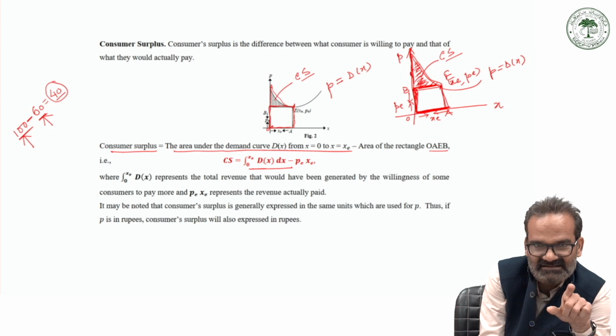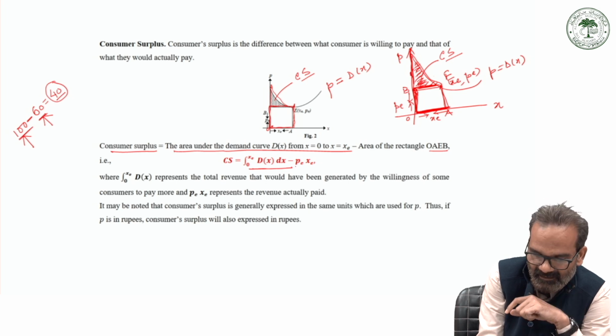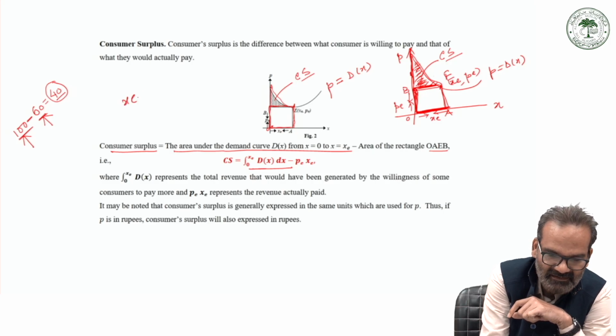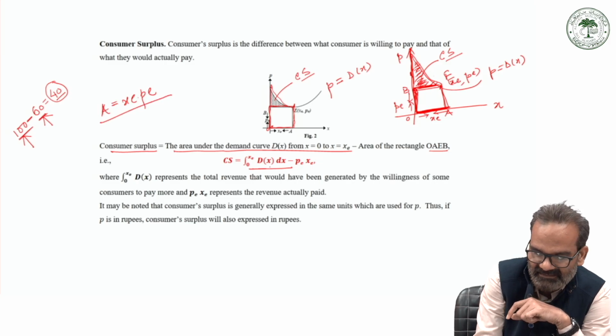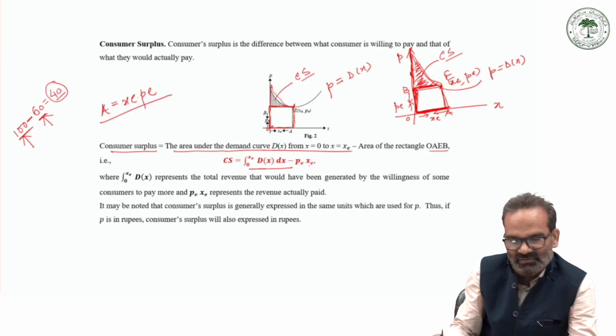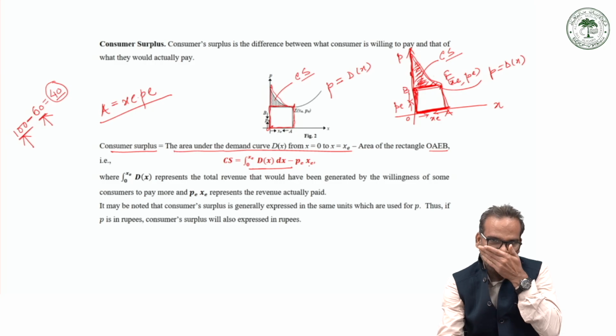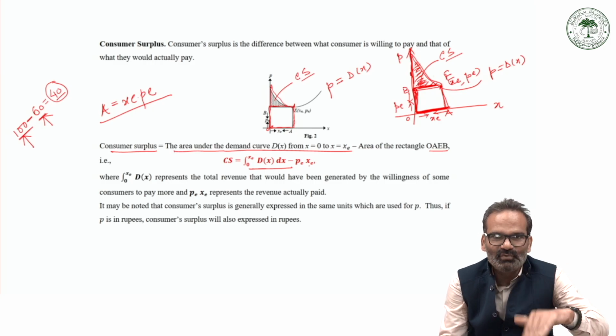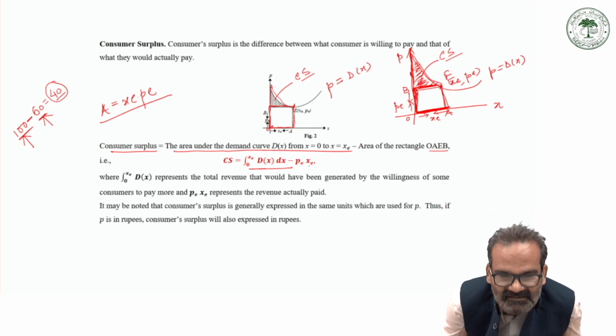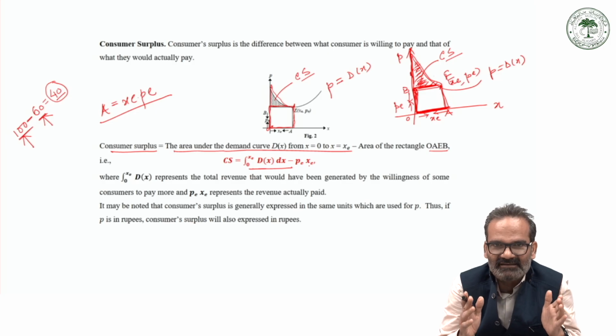This D(x) is the demand, minus XE into PE, since one side of the rectangle is XE and the other side is PE. So this is the formula which we will use to calculate the consumer's surplus.